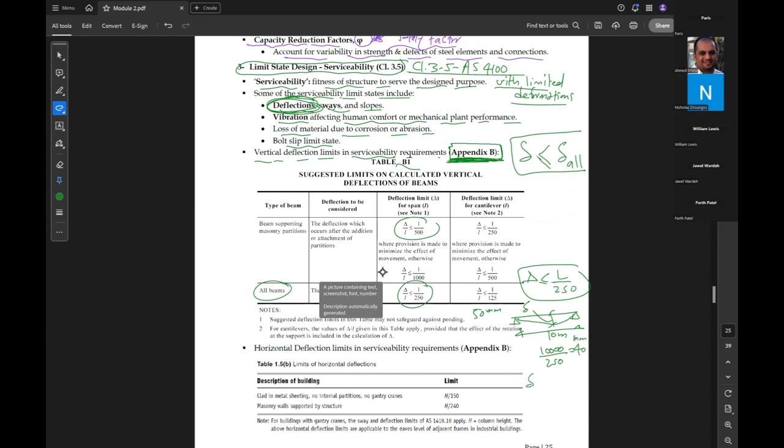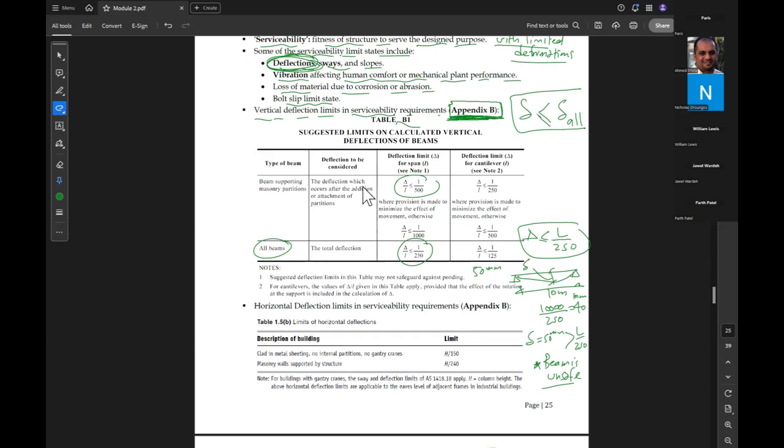So this means that the deflection, 50, is more than the allowable limit. This means that this beam is unsafe. So you need to recalculate or use a bigger section to reduce the deflection. So this is the idea about the serviceability limit states, and so on.